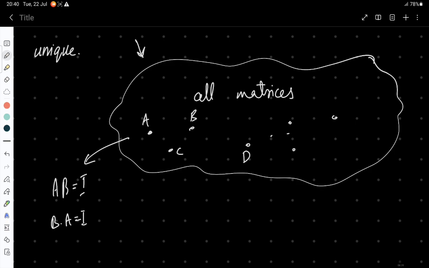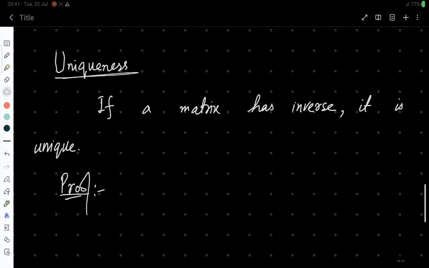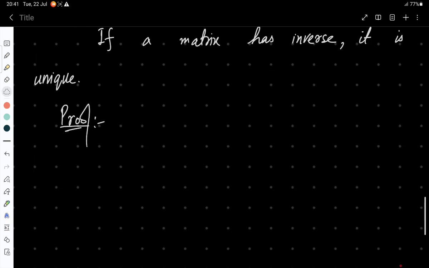Okay, so we have to prove this statement. Since we have to prove the uniqueness of the inverse of a matrix, we assume that this statement is false because we want to prove it. On the contrary, we assume that this statement is false.